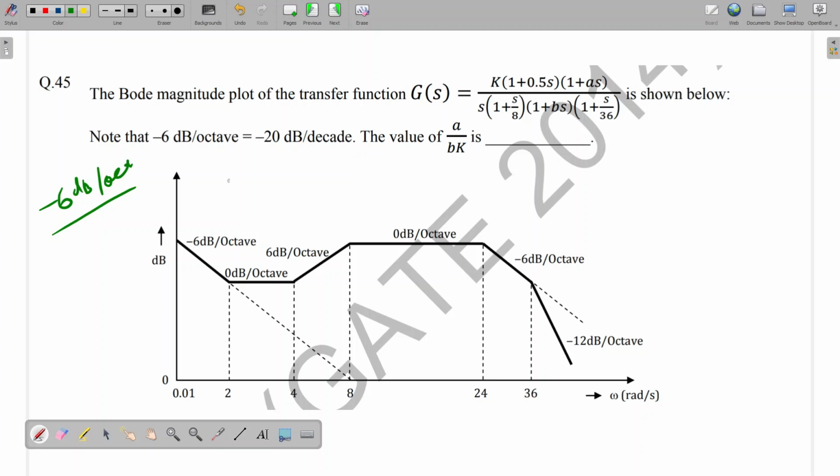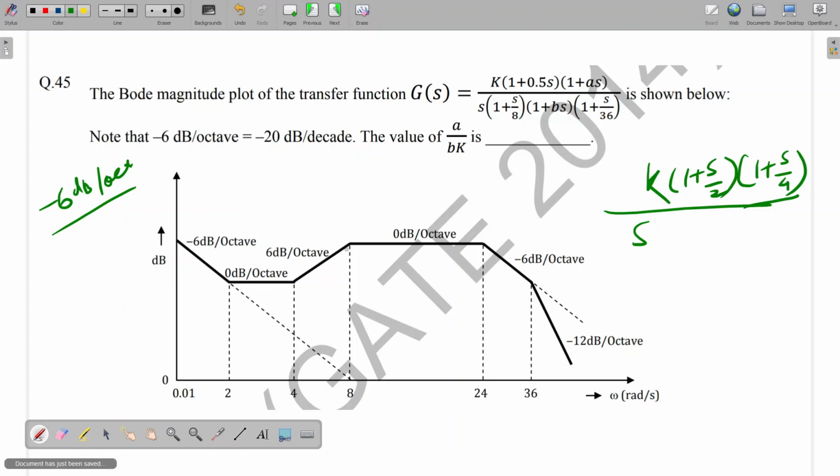So K by S is there. After that, at 2 a zero is coming, so 1 plus S by 2. Again at 4 a zero is coming, so 1 plus S by 4. Again at 8, one pole is coming, so 1 plus S by 8.